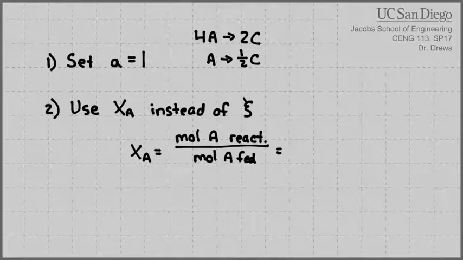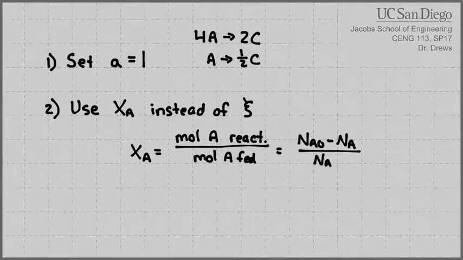What that ends up looking like is N sub A0 minus N sub A divided by N sub A0. Not much change there. It's the same definition of conversion that we used before.